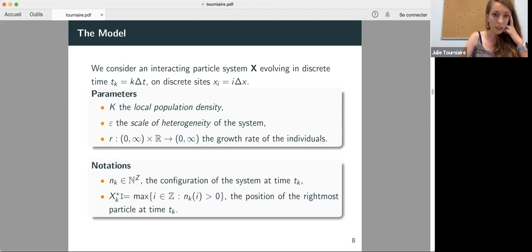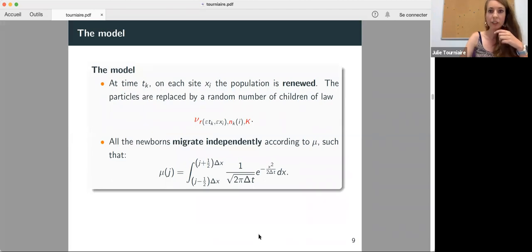And in this case, the position of the invasion front will be the position of the rightmost particle at time t. So there is no tail, there is no particle after x_k star. So then the model evolves as follows.